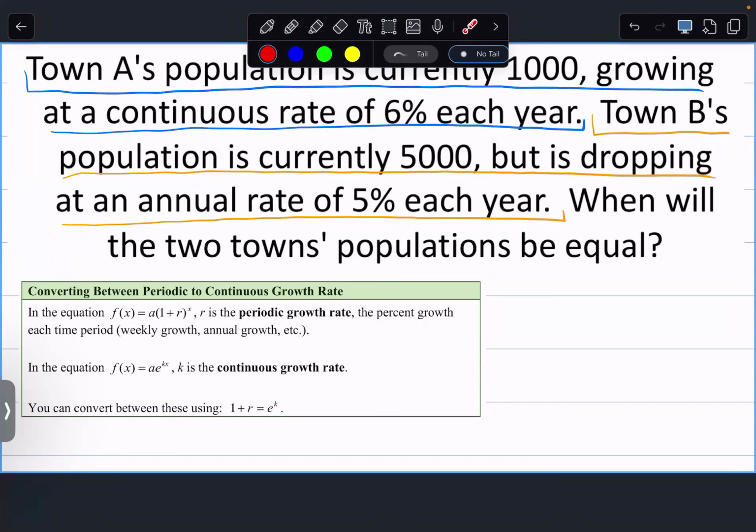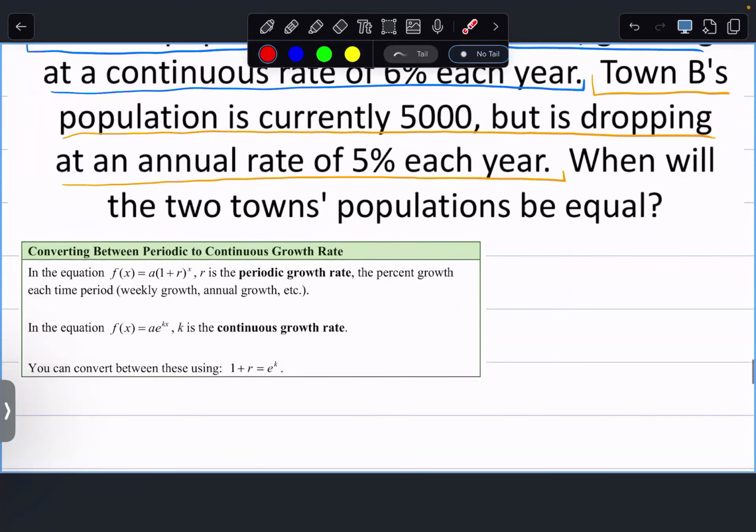Now, what you can do is, if we use these functions as they are, then x would be the time, the number of years, because the rate is each year. So x would be in years. Or you can write it as t, but because this is how we have the functions, what do you prefer?